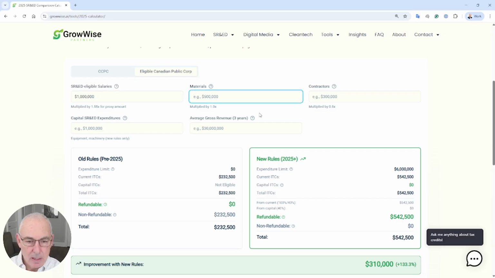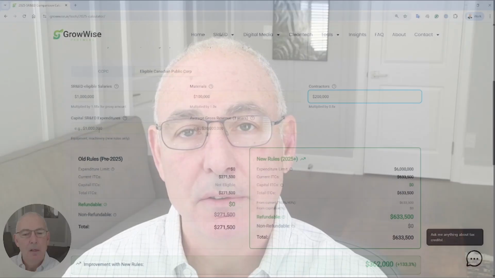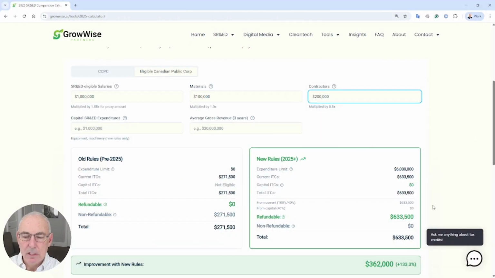Now, if I input materials, I'm also going to get a benefit. Same with contractors, I'll get another benefit. Another massive change is that capital can be claimed as a SR&ED expenditure. This is huge for manufacturing companies, or for biotech companies, or for any company that has large capital expenses. You see here that I'm continuing to accrue additional tax credits as my expenses are increasing.